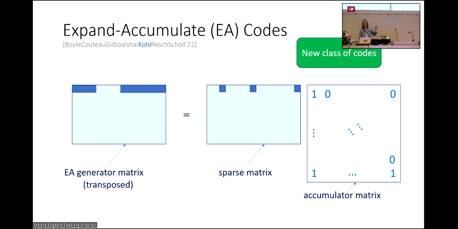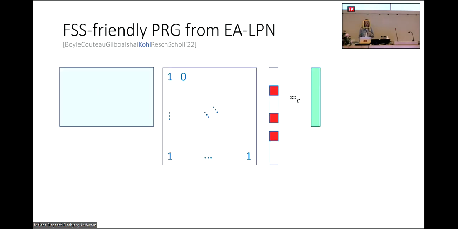And then by accumulating it, you get something like this. It's not sparse anymore. So if I plug it into the earlier construction, before I likely didn't hit any of the noise positions. Now I will, because I'm not sparse anymore.